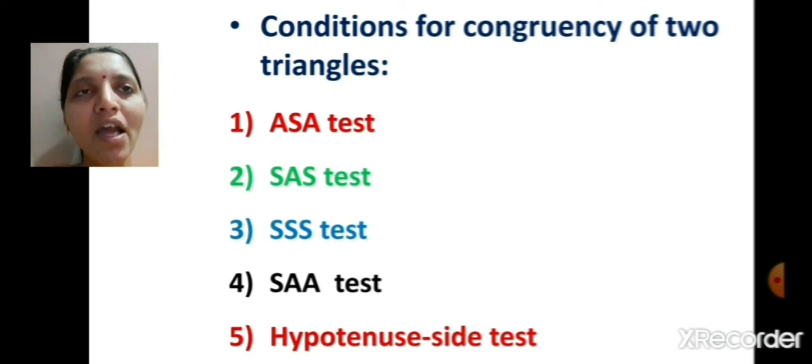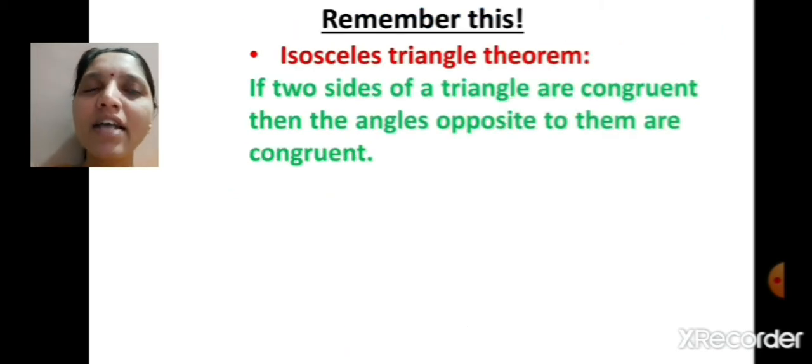Okay. After that, we have seen the isosceles triangle theorem, which states that if two sides of a triangle are congruent, then the angles opposite to them are congruent.